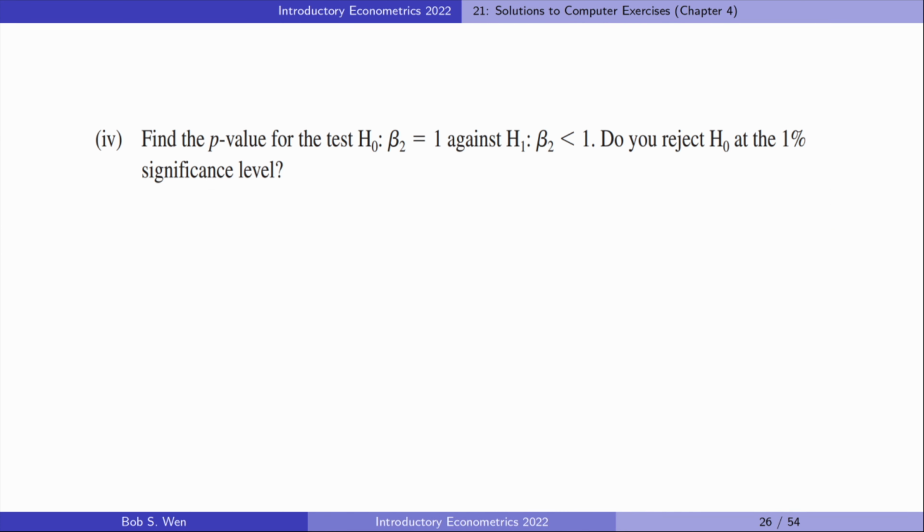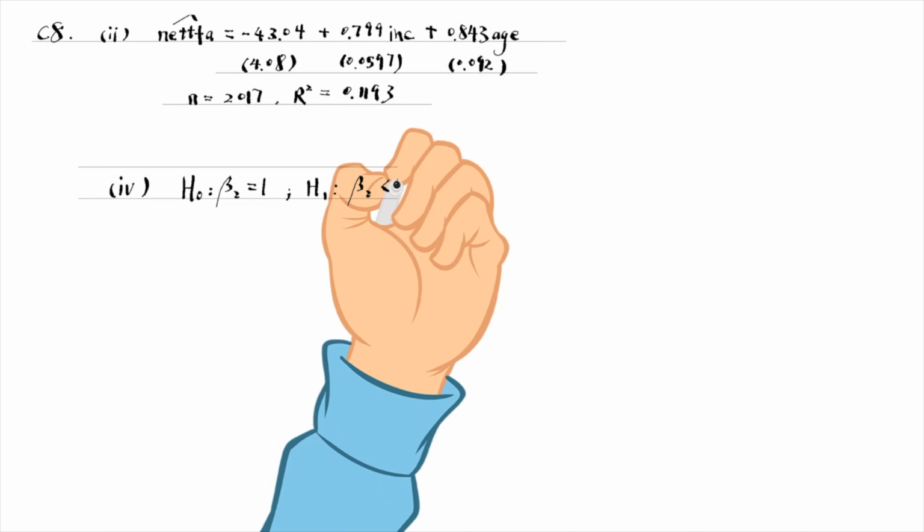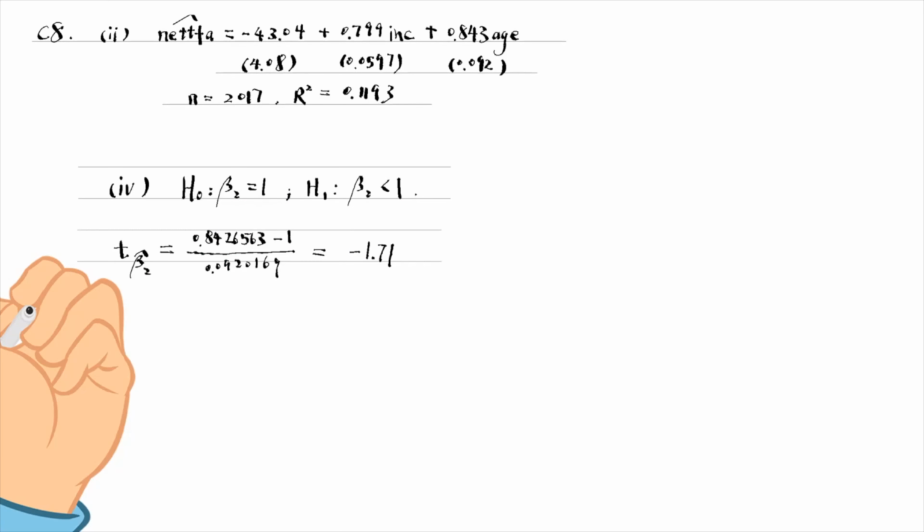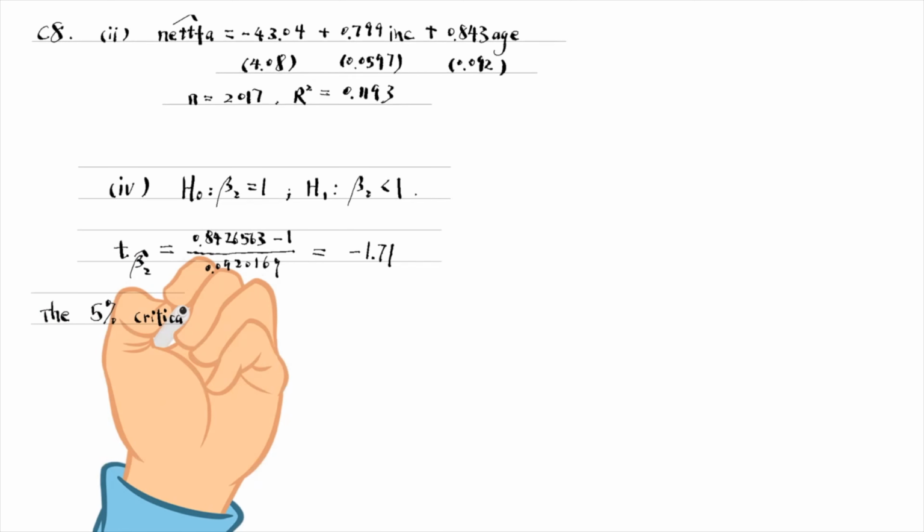The fourth question is about the one-sided p-value for the test beta 2 equals 1 against beta 2 is less than 1. We calculate the t statistic first. It equals the estimate minus 1, then divided by the standard error. It is minus 1.71.